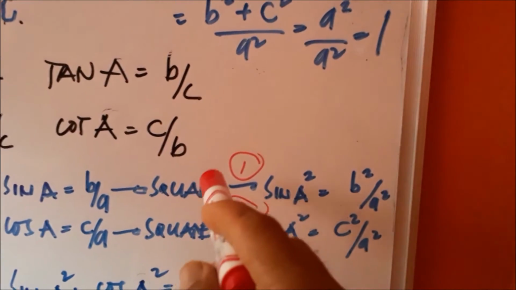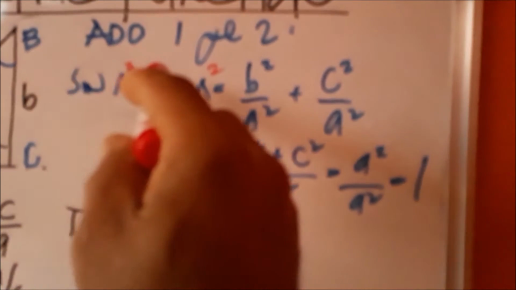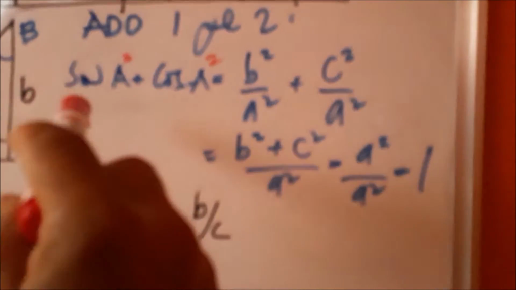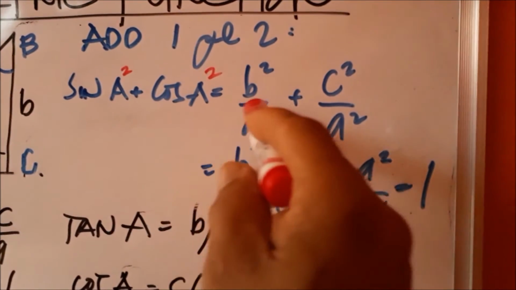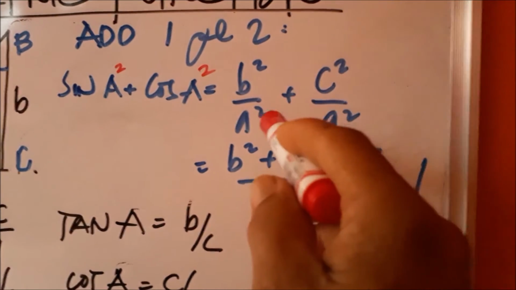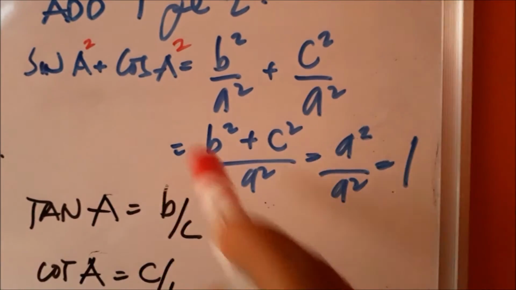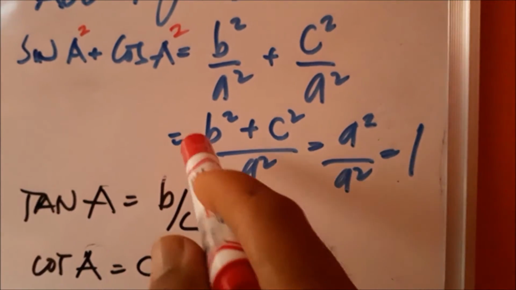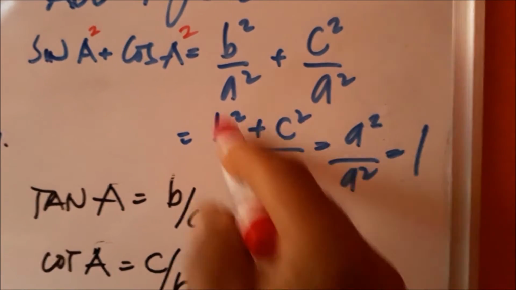Let's add 1 and 2 for verification. Sine A squared plus cosine A squared is equal to B squared over A squared plus C squared over A squared. Since they have a common denominator, we just add B squared plus C squared over A squared.